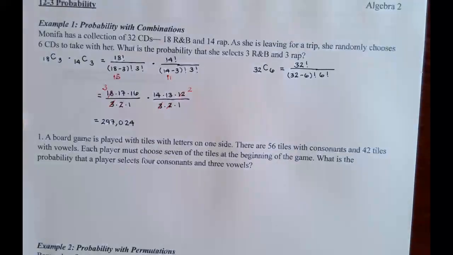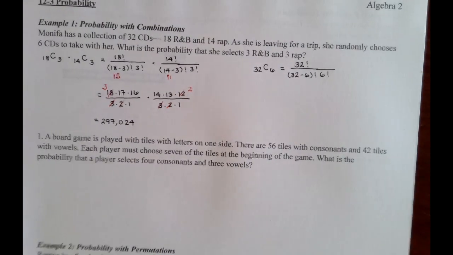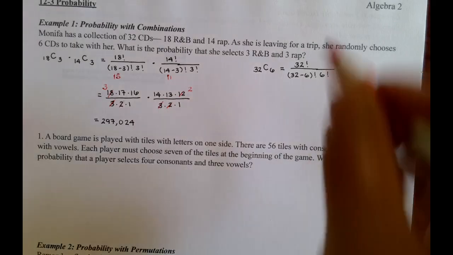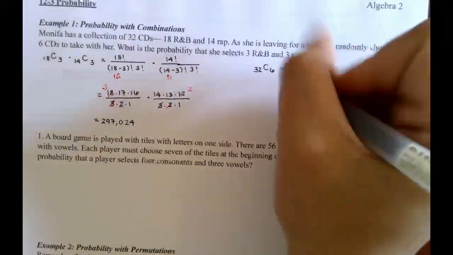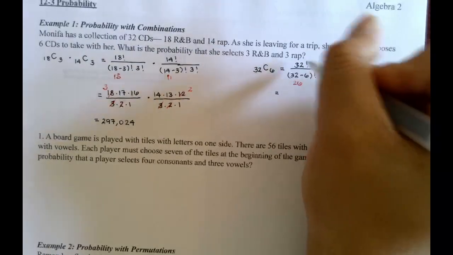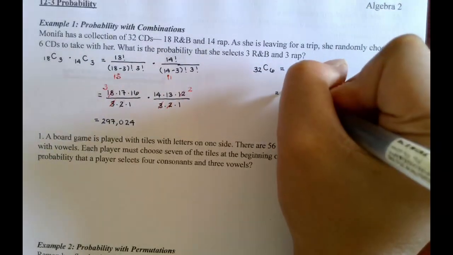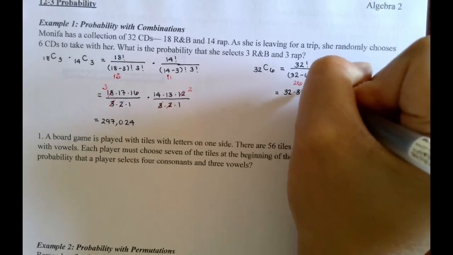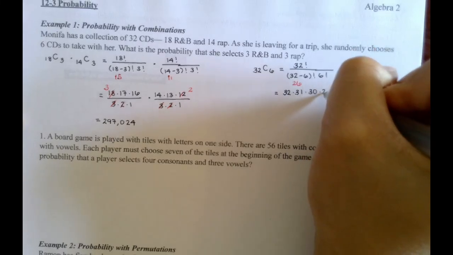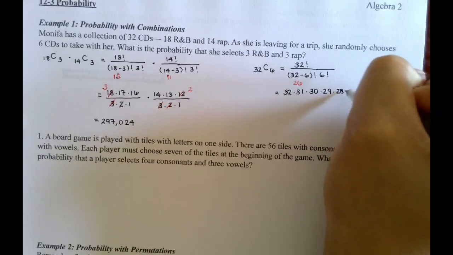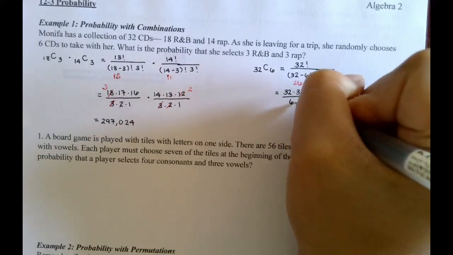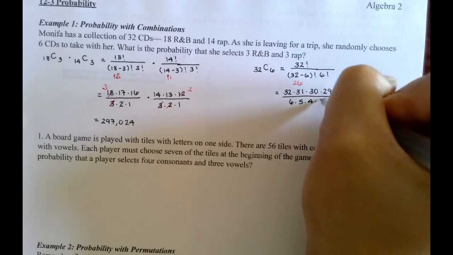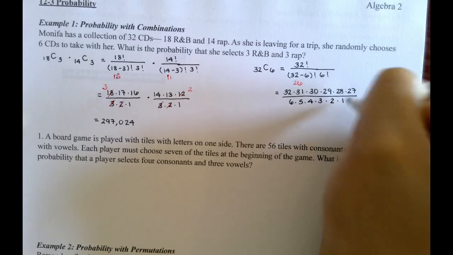Okay. 32 minus 6, sorry, 32 minus 6 is 26, so this will be 26 factorial. Okay. And so then everything from 26 on will be canceled, so it will just be 32, 31, 30, 29, 28, 27 over 6, 5, 4, 3, 2, and 1.